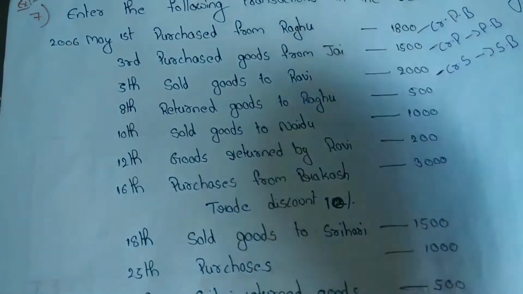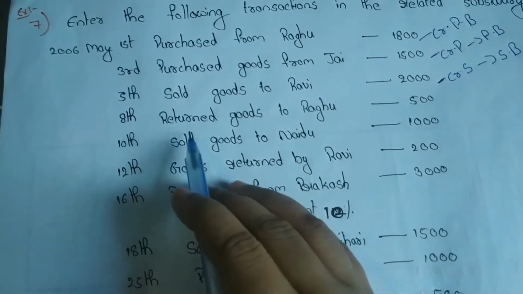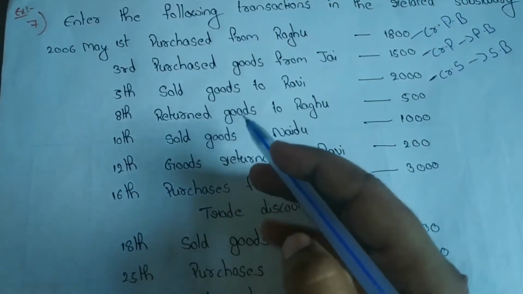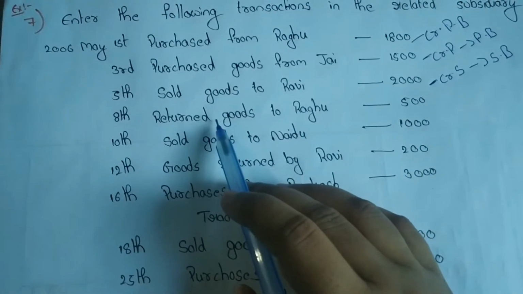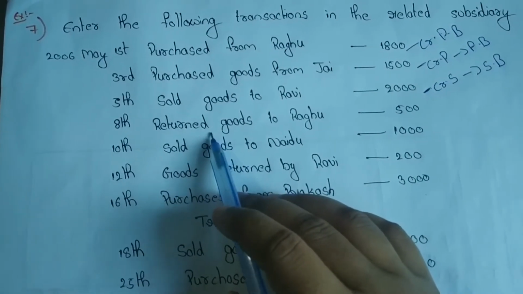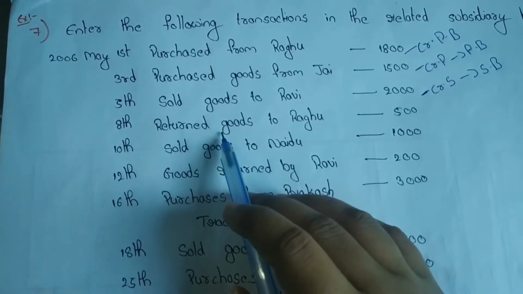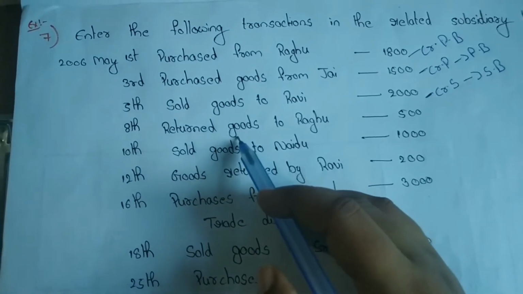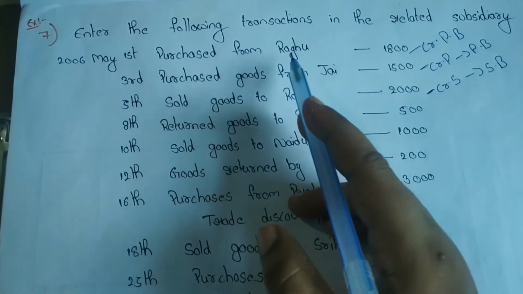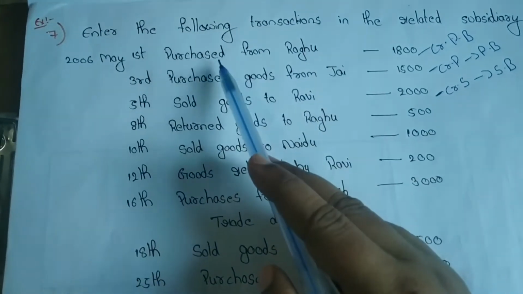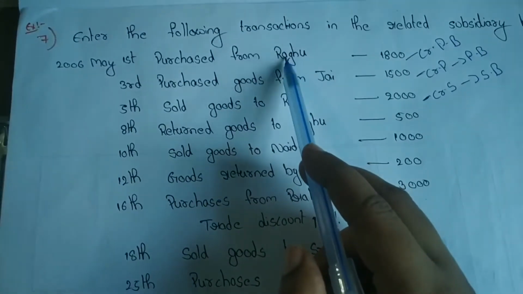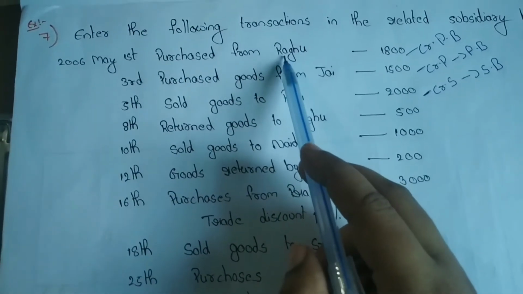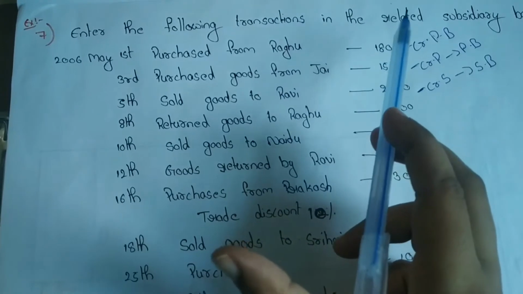Next, 8th one, returned goods to Raghu. By seeing this, you may get confused whether it was a purchase return or a sales return. Let's see. See the previous transactions. On 1st May, you purchased goods from Raghu, a credit purchase of 1800 rupees.